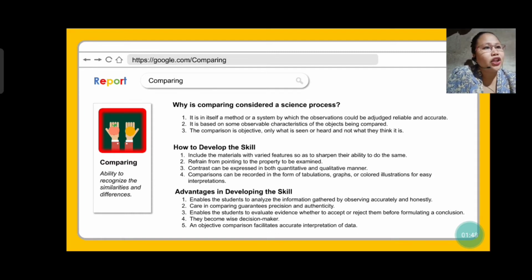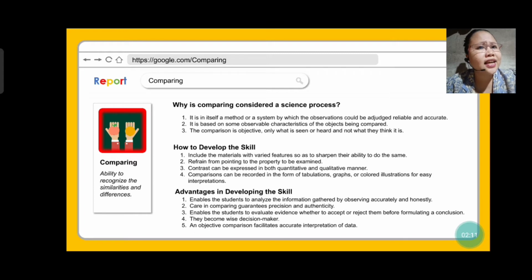Then it is a method of comparing. It is itself a method or a system by which observations can be adjudged reliable and accurate. So they now have to conclude that leaves are not only green. There are also leaves that are yellow or other colors that they can see.